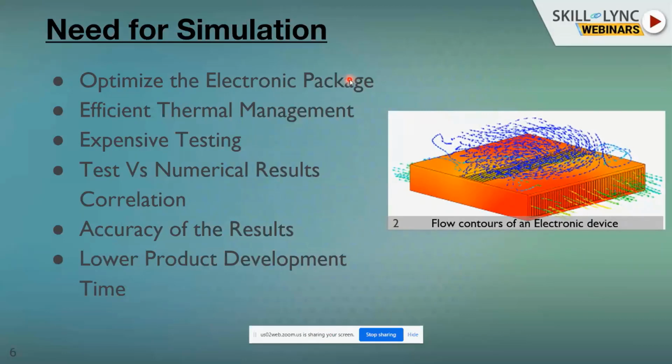Why? We have to get confidence that these numerical results are correct. Second, that leads to the accuracy of the results. In the software, you can change a lot of solver parameters and solvers to get more accurate results.